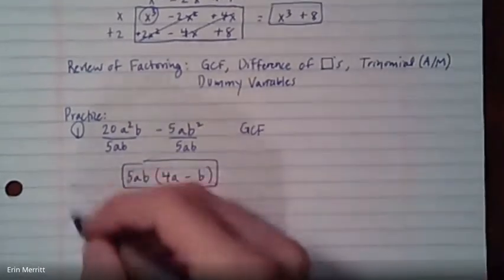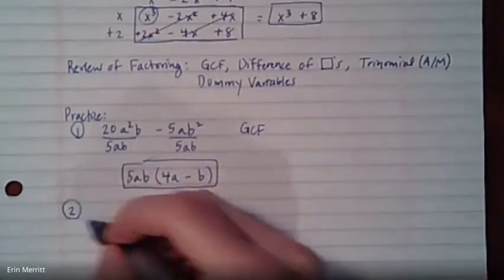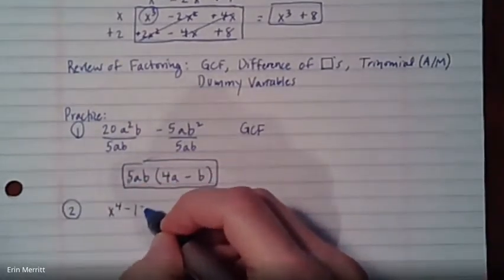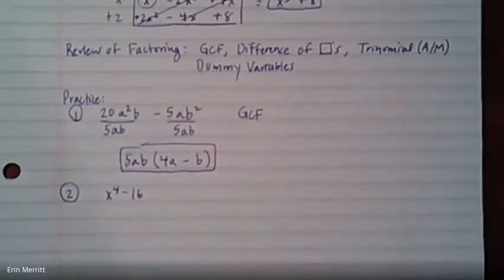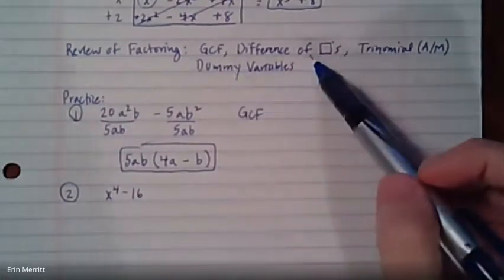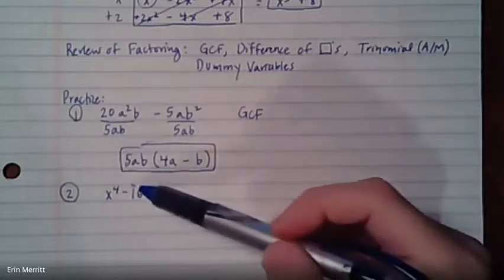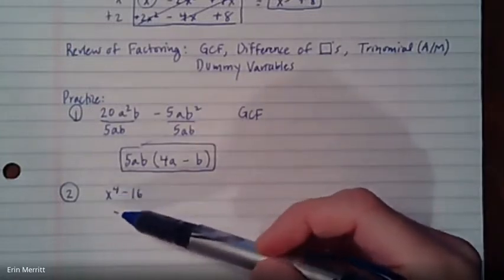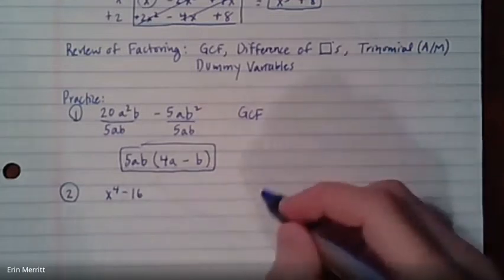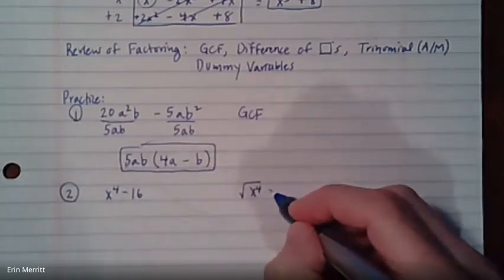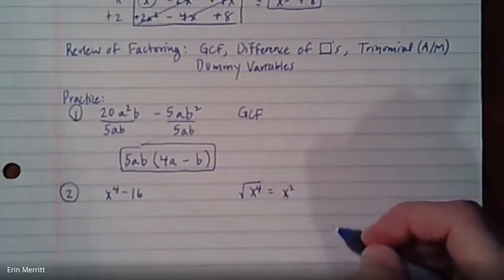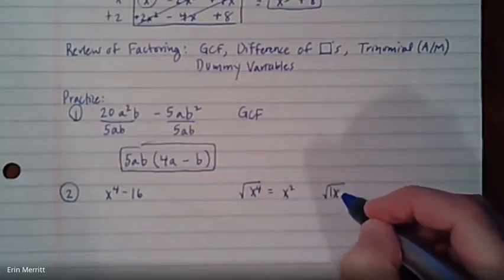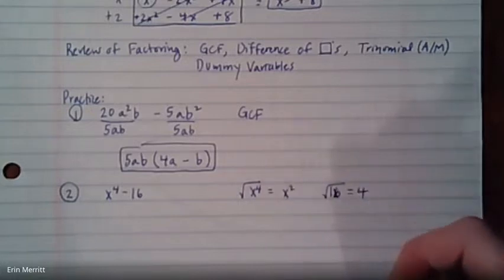For the second one, if I give you x to the 4th minus 16, well, no GCF this time. Difference of squares. 16 is a perfect square, and actually any variable with an even exponent is also a perfect square. So if I think about taking the square root of x to the 4th, that would give me x to the 2nd. The square root of 16 would give me 4.